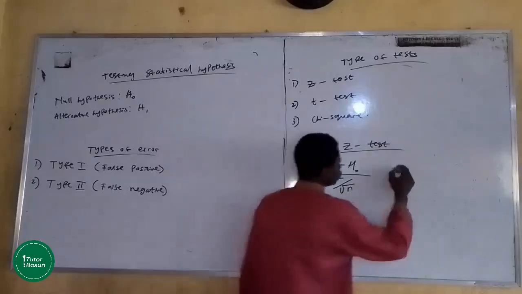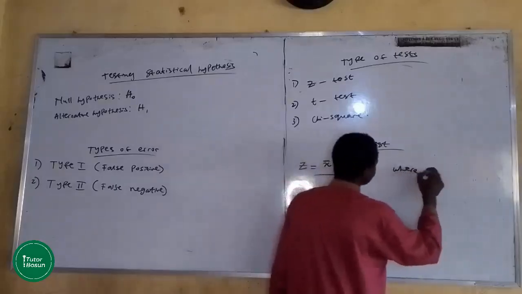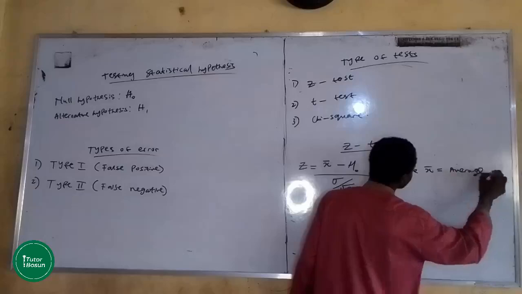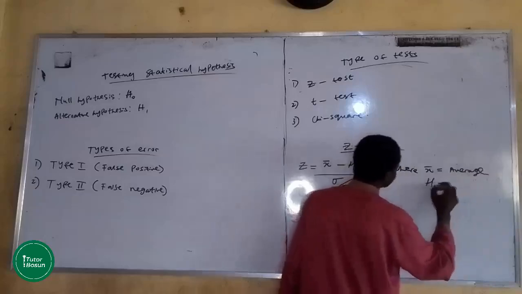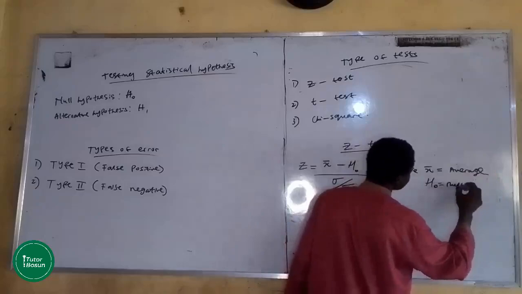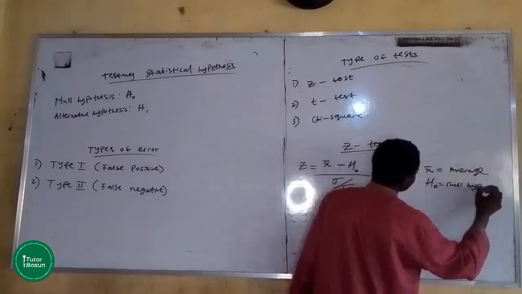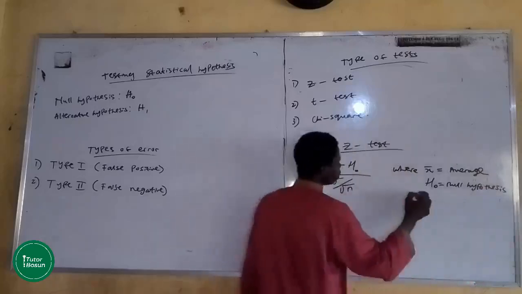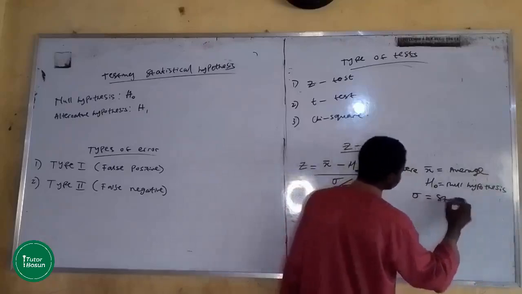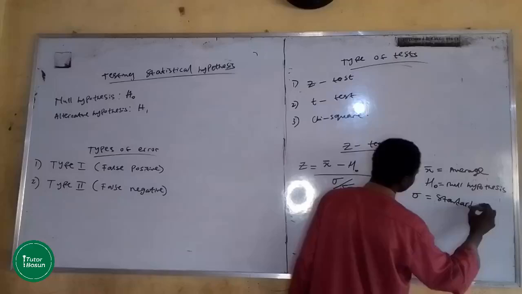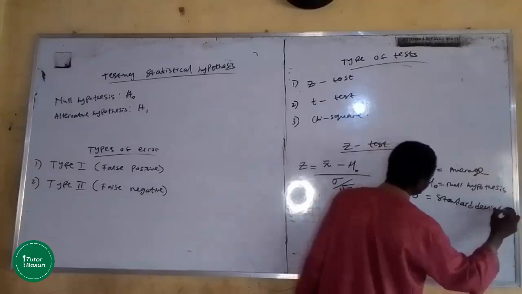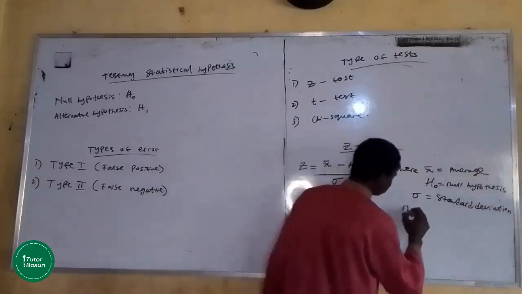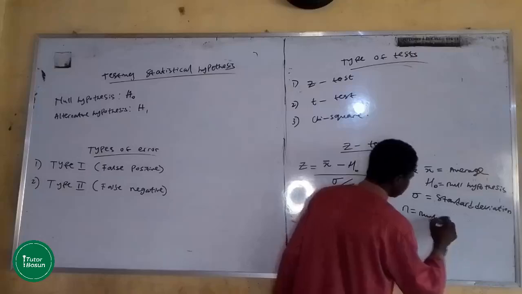Here x bar is equal to your average, mu naught is equal to your null hypothesis, sigma is equal to standard deviation, and n is equal to the number of population.